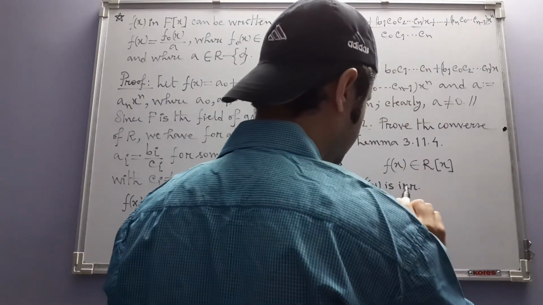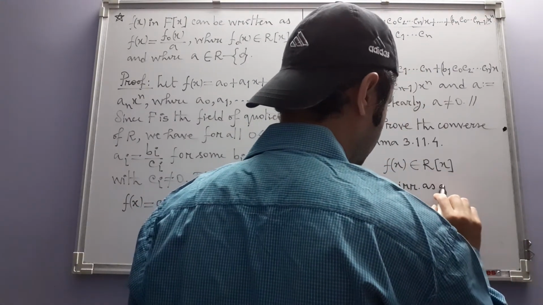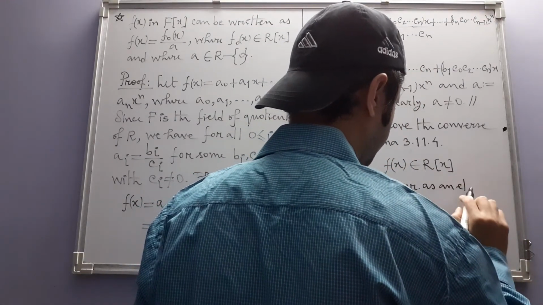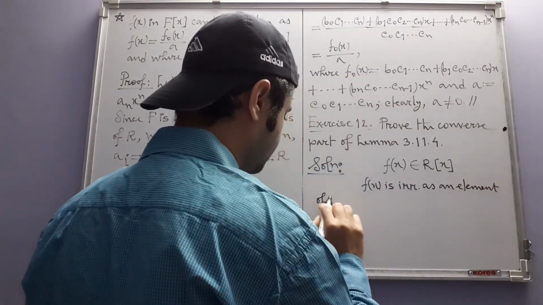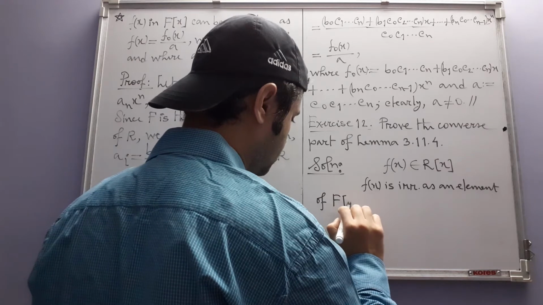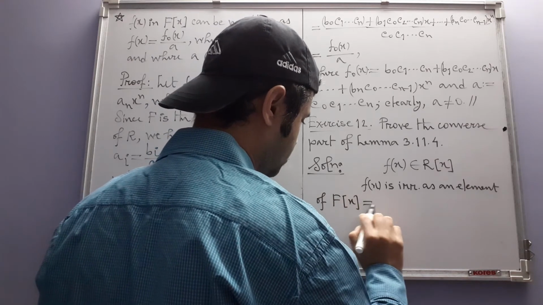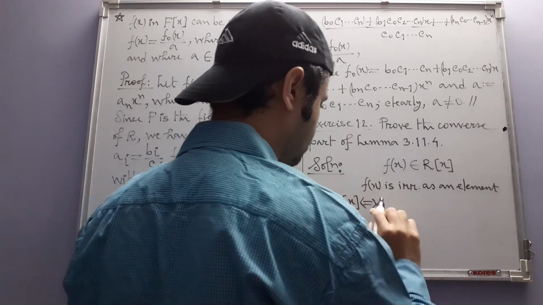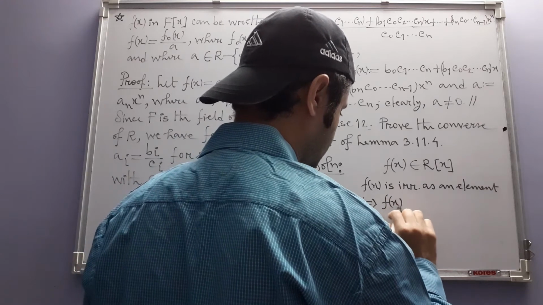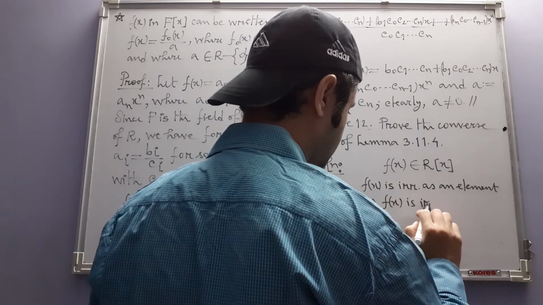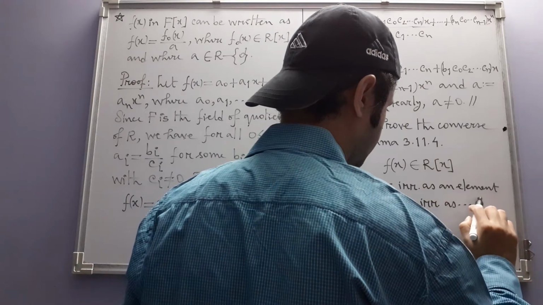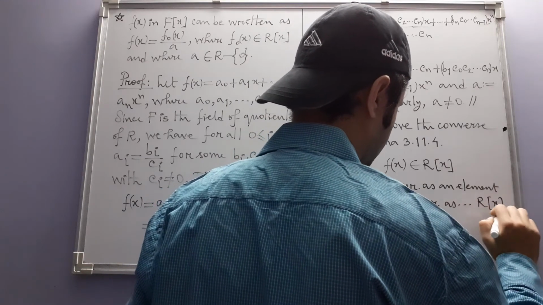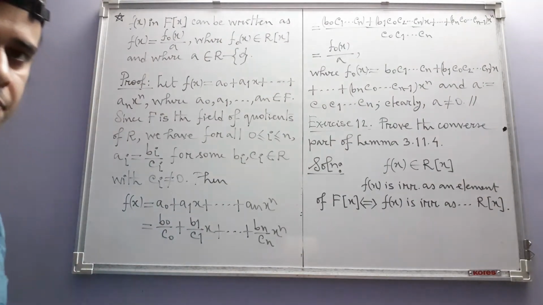It is irreducible as an element of F[x] if and only if f(x) is irreducible as an element of R[x].